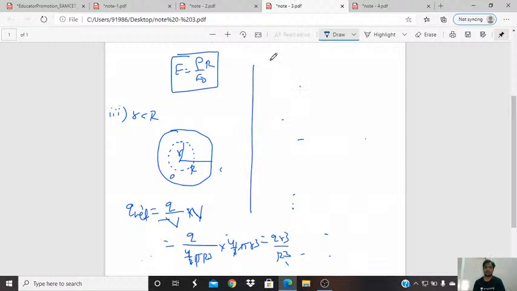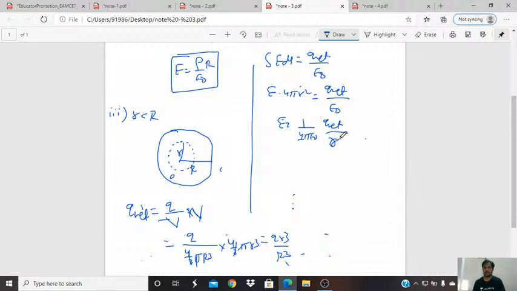Now the integration of E dot dS equals Q net by epsilon naught. E into S, which is 4 pi r square, equals Q net, which is Q into small r cube by capital R cube. So E equals 1 by 4 pi epsilon naught Q net by r square.